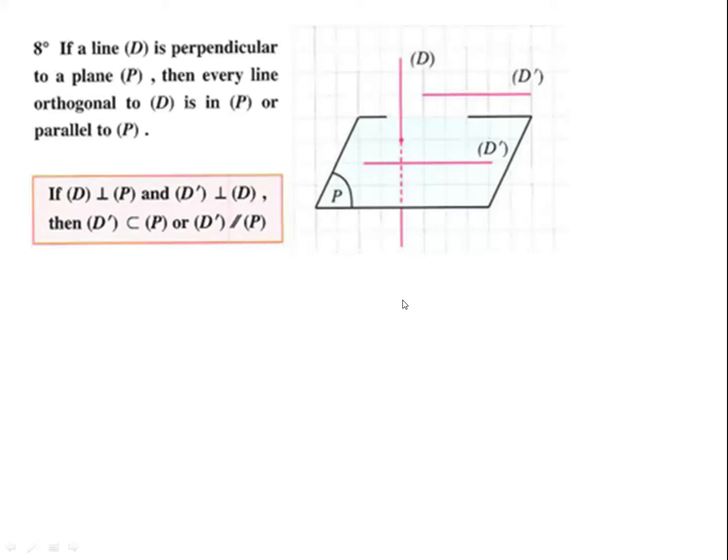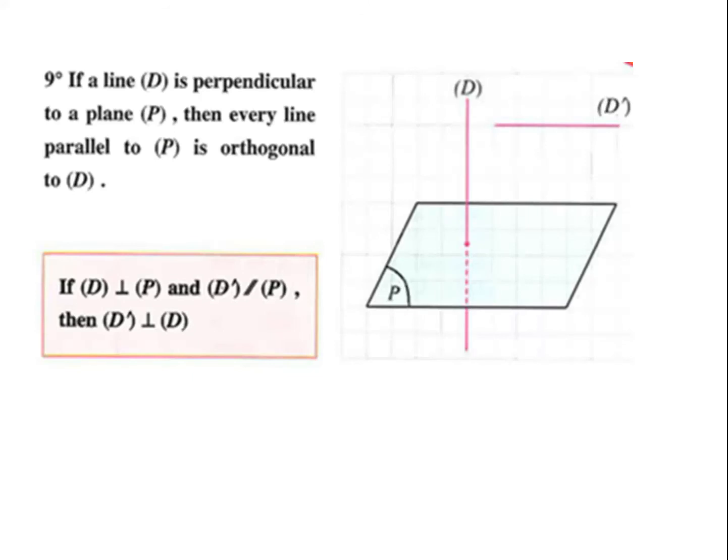If we have a plane P and a line D perpendicular to P, and we have D prime perpendicular to this line, then D prime is either parallel to the plane or inside the plane. If it is outside the plane, it is parallel, otherwise it is inside the plane.